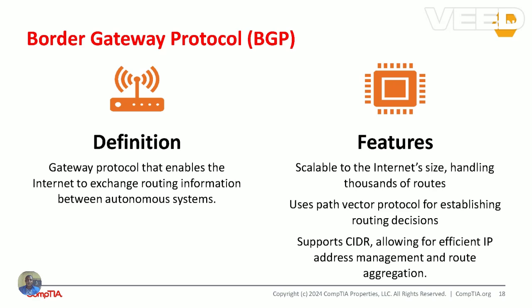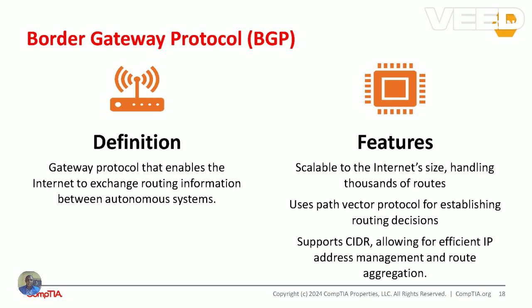We have another one known as Border Gateway Protocol, BGP. Definition: a gateway protocol that enables the internet to exchange routing information between autonomous systems.